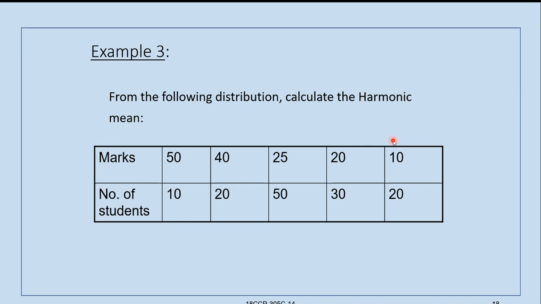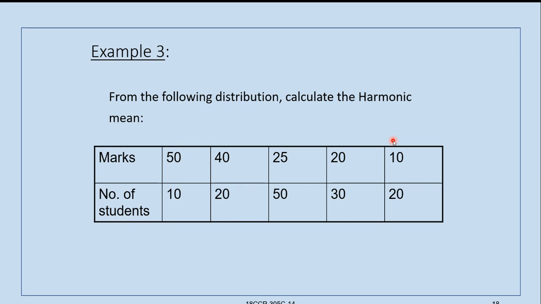Now in the fourth column, we will take the product of frequency and reciprocals. That means all the reciprocals in the third column are multiplied with the given frequencies. That is 1 by 50 into 10, 1 by 40 into 20.